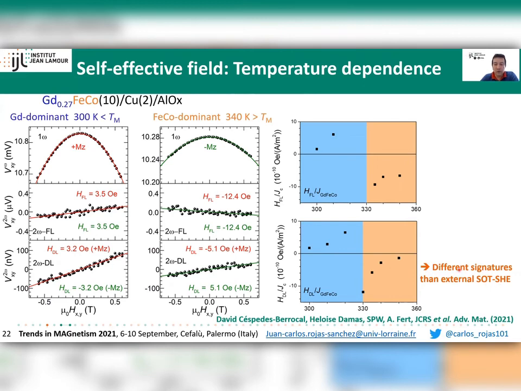We have verified this with our own measurements in bilayers, for example platinum gadolinium iron cobalt, or other bilayers with a spin Hall effect, and we observe no change in sign. We can exploit this as another signature of this spin-orbit torque. The temperature dependence will be similar to the dependence on composition. Actually, we are getting more results and checking this more and more.